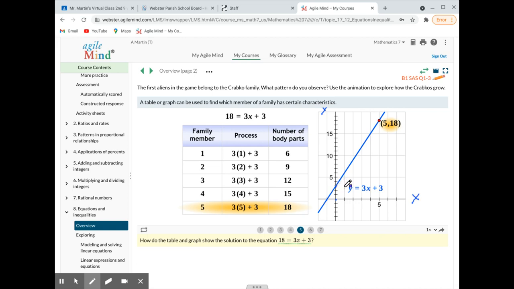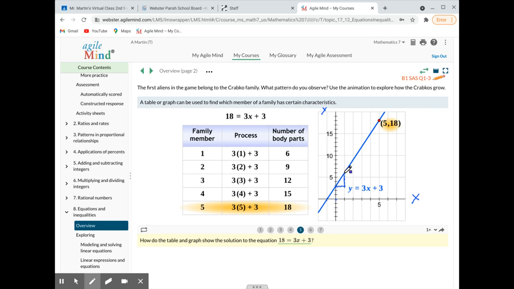And then we add 3 each time, what happens? Watch, if I go over here and I go up 3, that'd be 1, 2, 3. All right, that's 1 to 6.